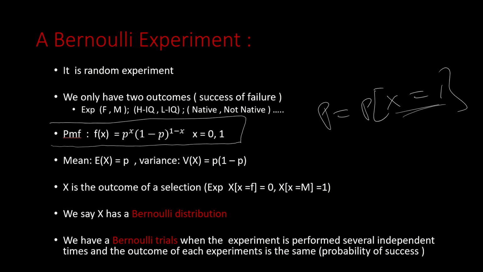The mean for the Bernoulli experiment, which is the expected value of the random variable, is going to be P, and the variance of the random variable is going to be P times 1 minus P. X is the outcome of selection. For example, the probability of getting female is going to be 0, or the probability of getting male is going to be the probability of X equal to 1.